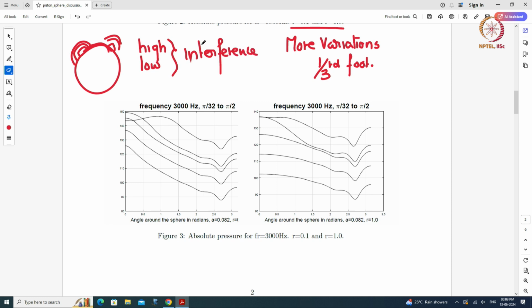This interference is what is causing these up and down behaviors. Again, the lowest curve is for a short radiator, pi by 32 angle, the highest is pi by 2.